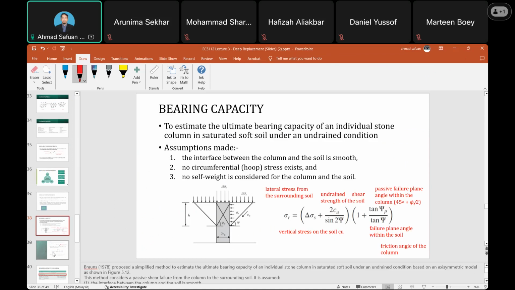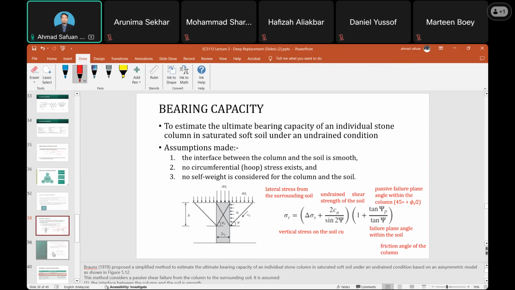Okay, now we go for the bearing capacity. To estimate the ultimate bearing capacity of an individual stone column in saturated soil under undrained conditions, there are assumptions made. The interface between the column and the soil is smooth.